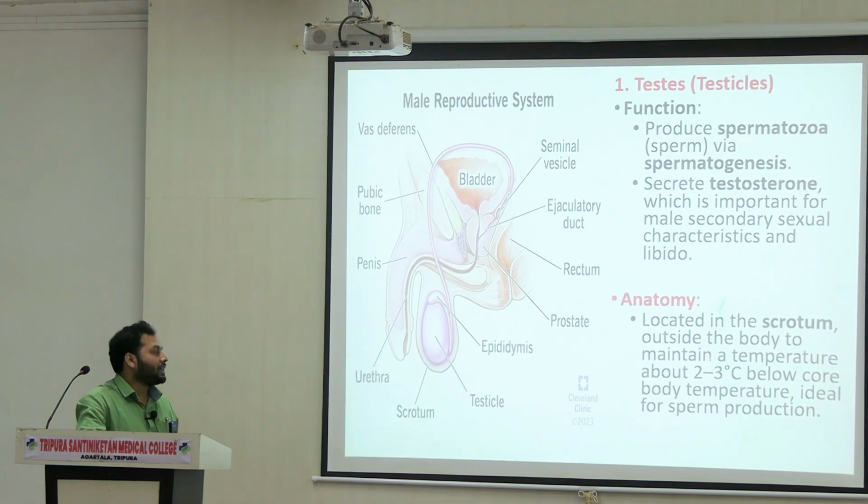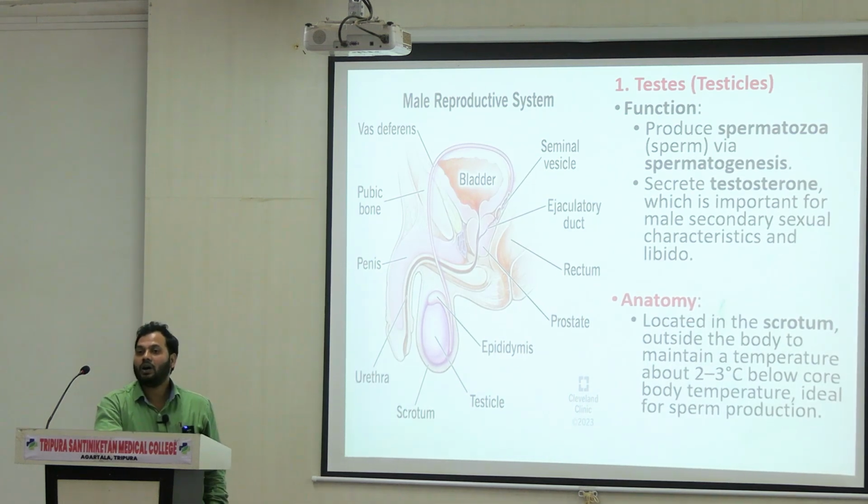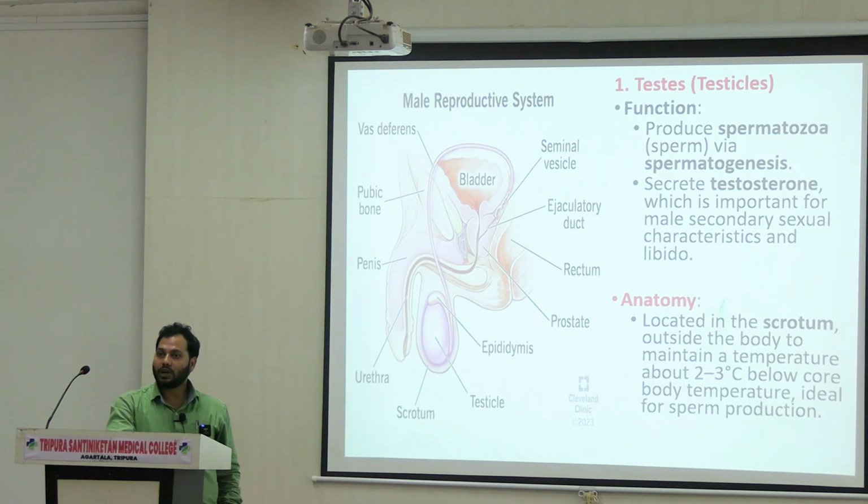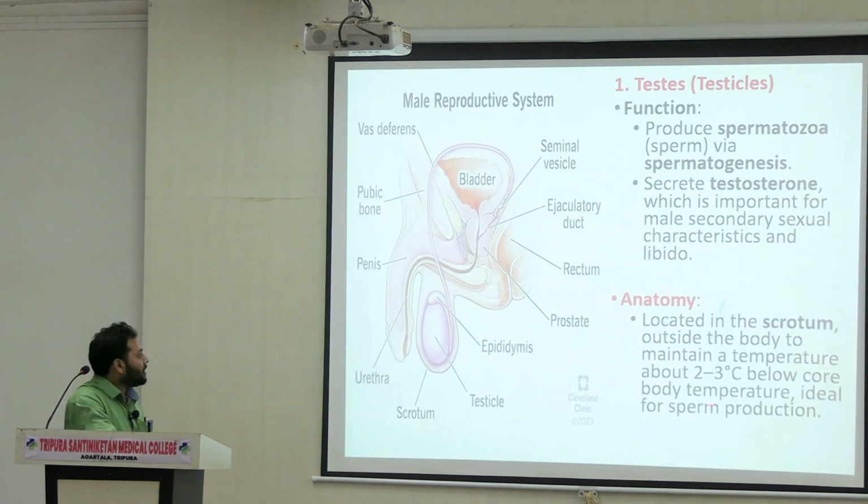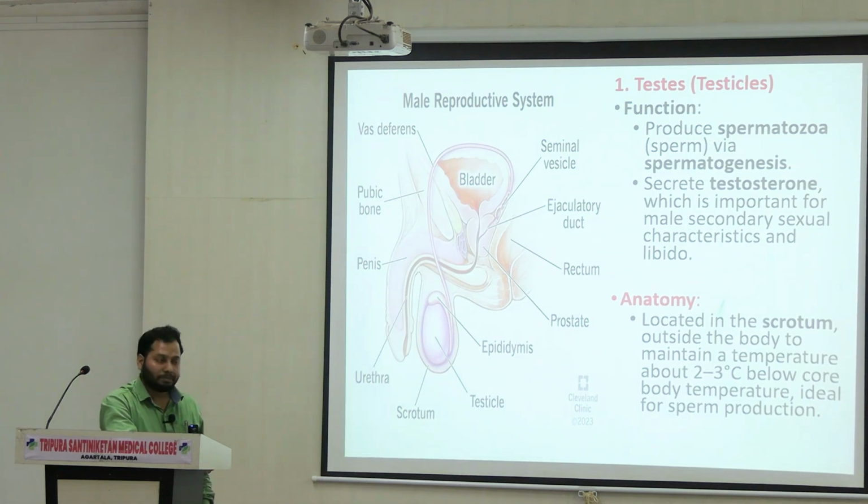It maintains a specific temperature, which is around 2 to 3 degrees Celsius less than core body temperature. Why is it important? Because this temperature is important for reproductive purposes, mainly the formation of a sufficient number of sperm.